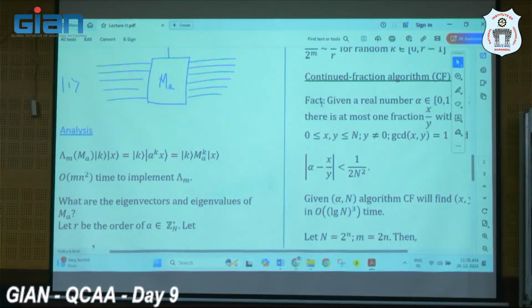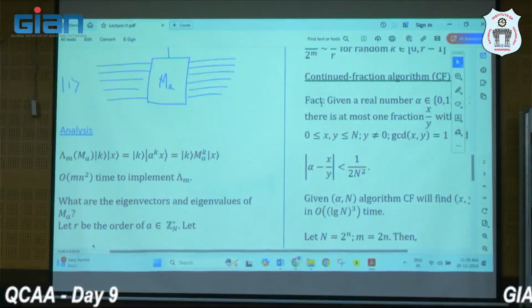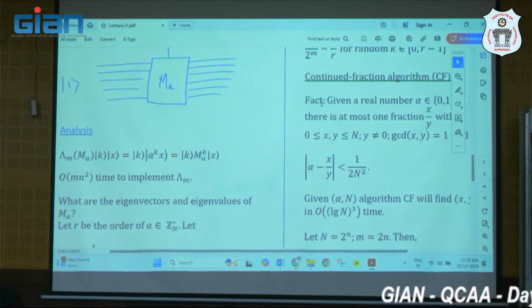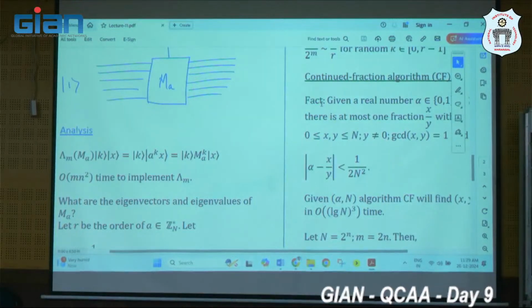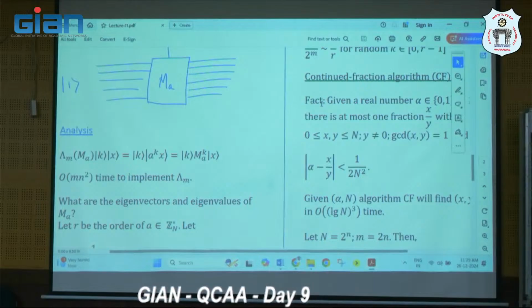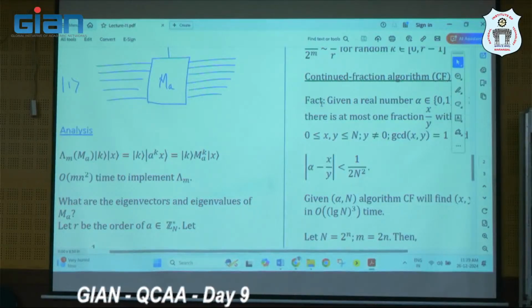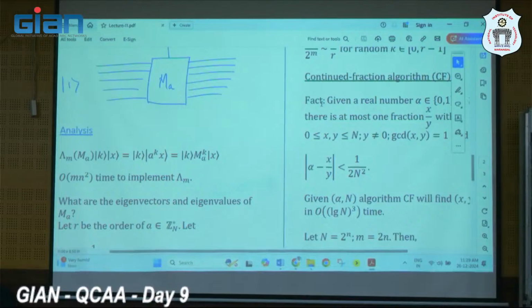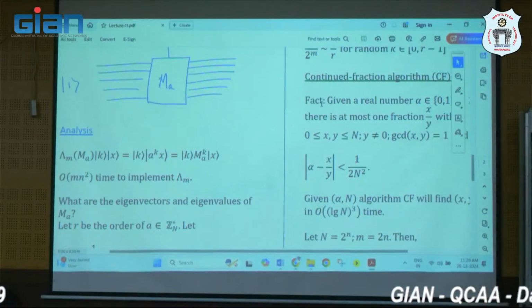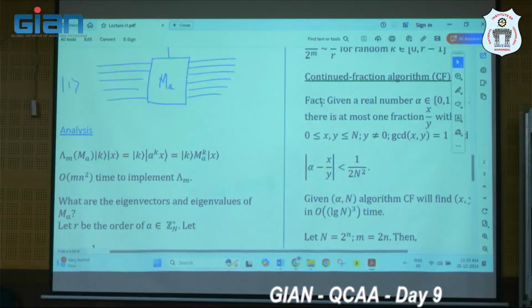If m is like n, then this number can be like 2 to the n. If it is 2 to the n, how do we compute a to the power k? a to the power 2 to the n. How many times do you have to multiply? Exponentially many times. How do we do this in time polynomial in small n?